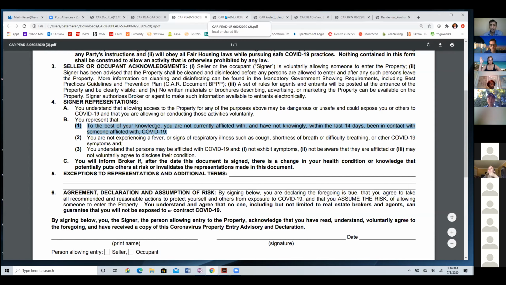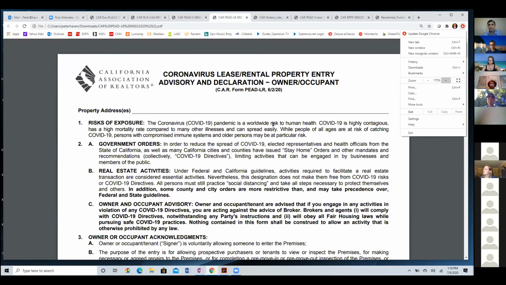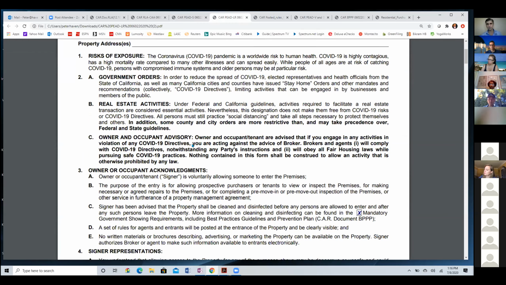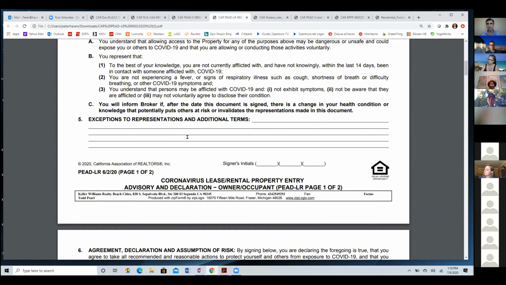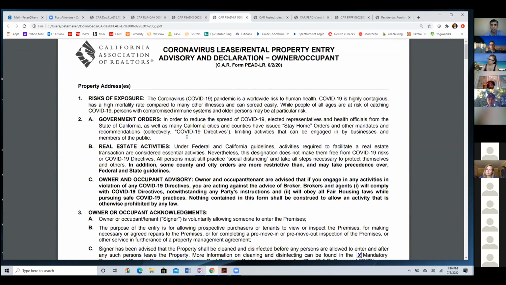Now, CAR has a form that is essentially the same form, and it's intended for owners and occupants of lease and rental property. And I will tell you, even though this form spills over onto 2 pages, it's essentially the exact same form. It says basically the exact same thing.